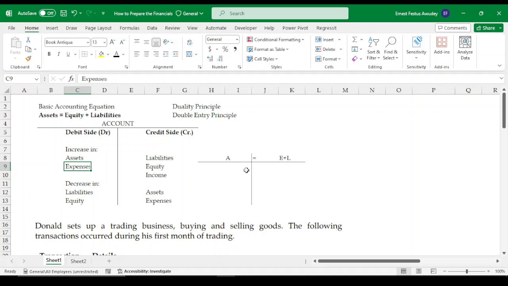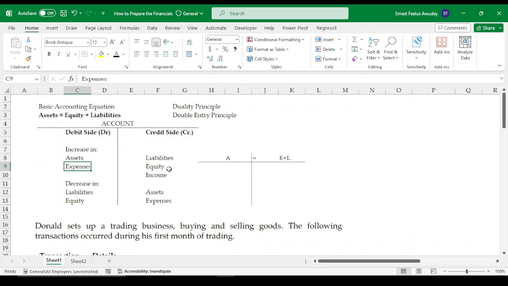Now, the assumption or the fundamental reality is that expenses increase the performance or the value of your assets. All right. Whenever you incur expenses, those expenses go a long way to increase the efficiency, the performance, the value of your assets.